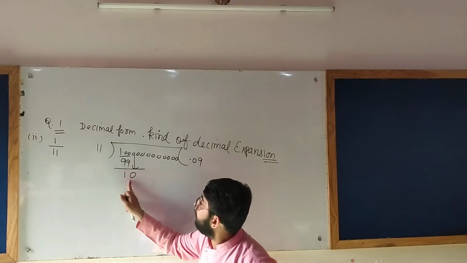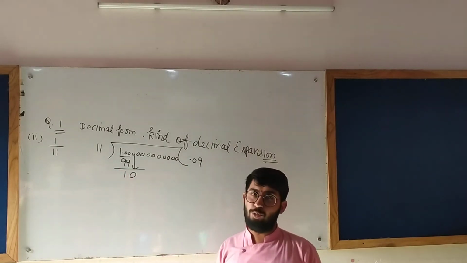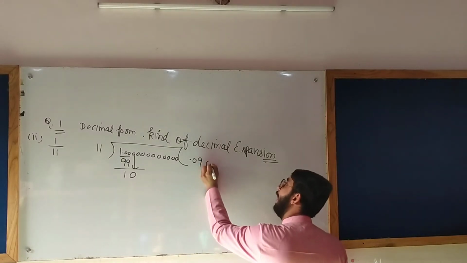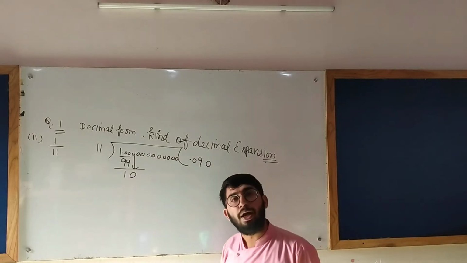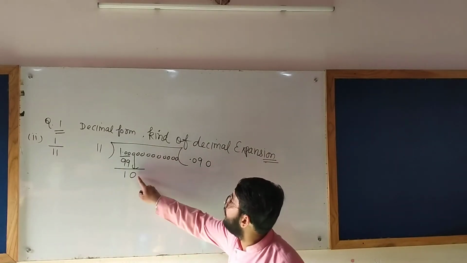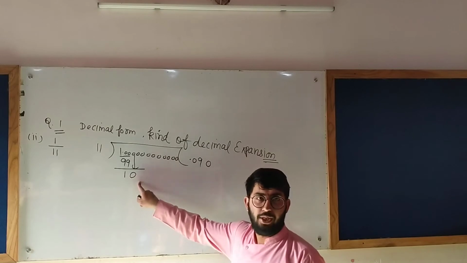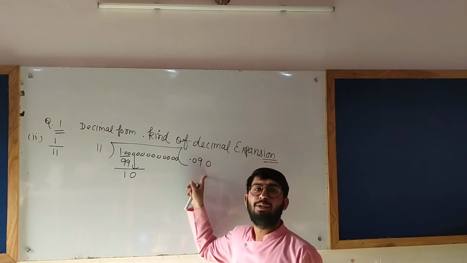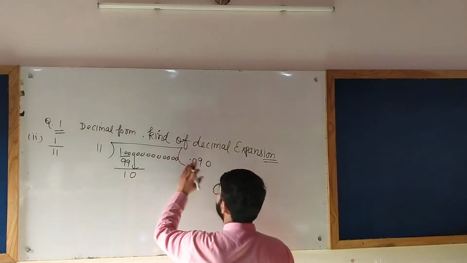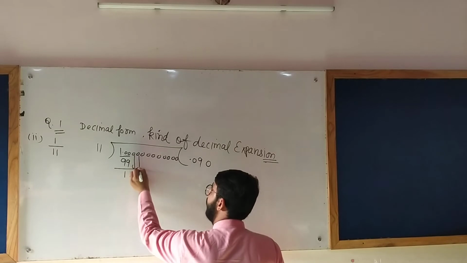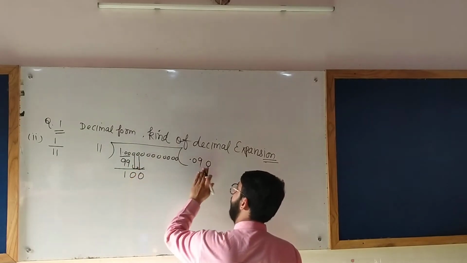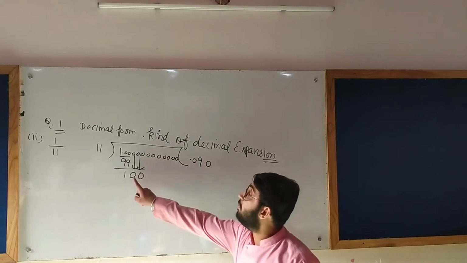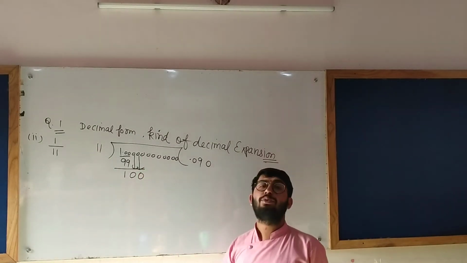Now in the table of 11, 10 doesn't come, so I will have to take one more 0. For taking one more 0, I will have to write 0 here in the quotient. Then you are permitted to take one more 0 only if you have written a 0 in the quotient, because you don't have permission to take 2 zeros at once.